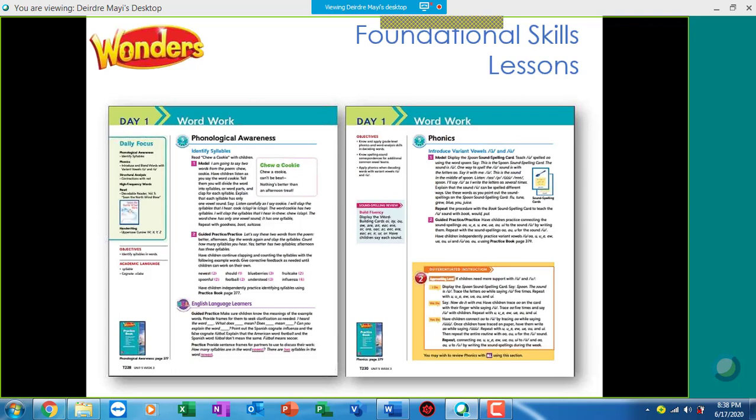You will note that every single foundational skills lesson contains gradual release. We will always model, followed by giving the student guided practice and practice. So as the students are introduced to this poem, Chew a Cookie, they are listening for syllables or word parts.